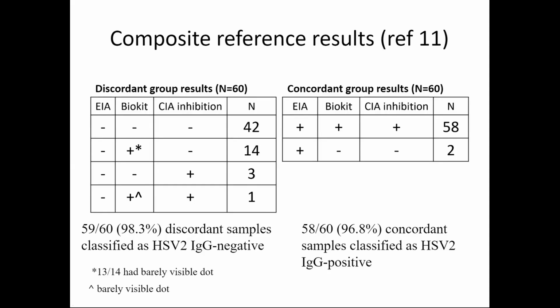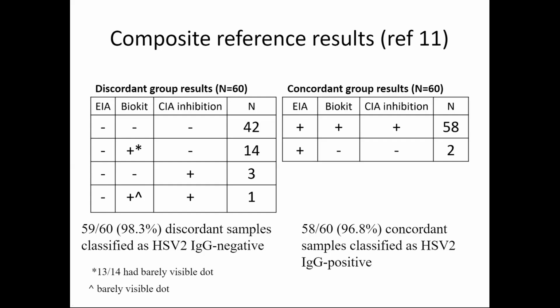However, 14 of these samples had a barely visible dot on the BioKit, which suggested to us that these were probably false positives on the BioKit. Another 3 samples were negative by EIA and BioKit, but barely positive on the CIA inhibition assay. In other words, the percent inhibition by HSV-2 was just over the threshold for the interpretation of positive.